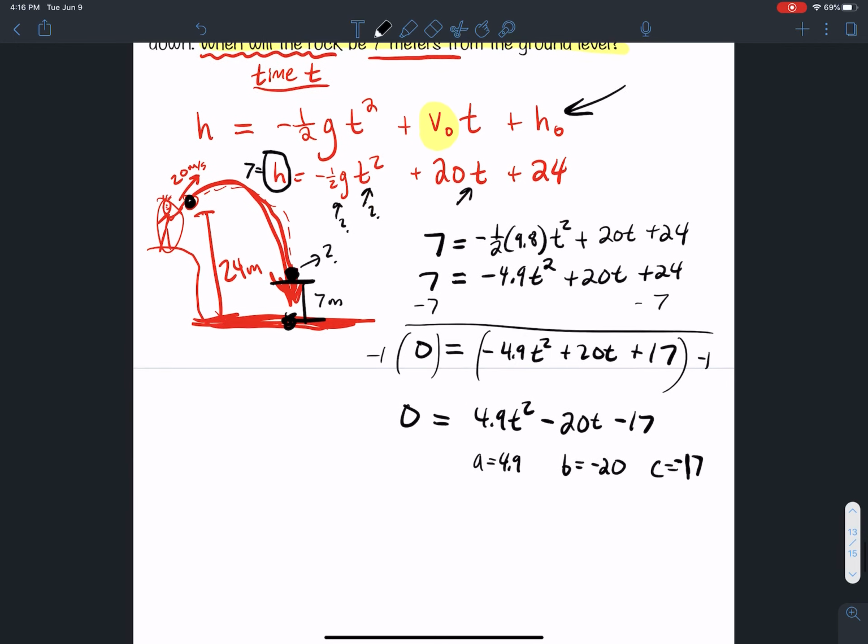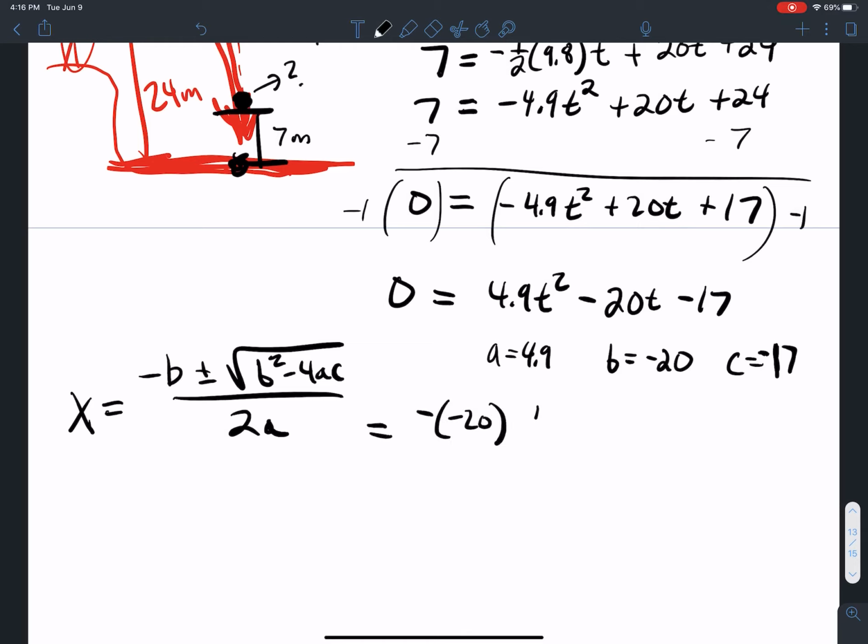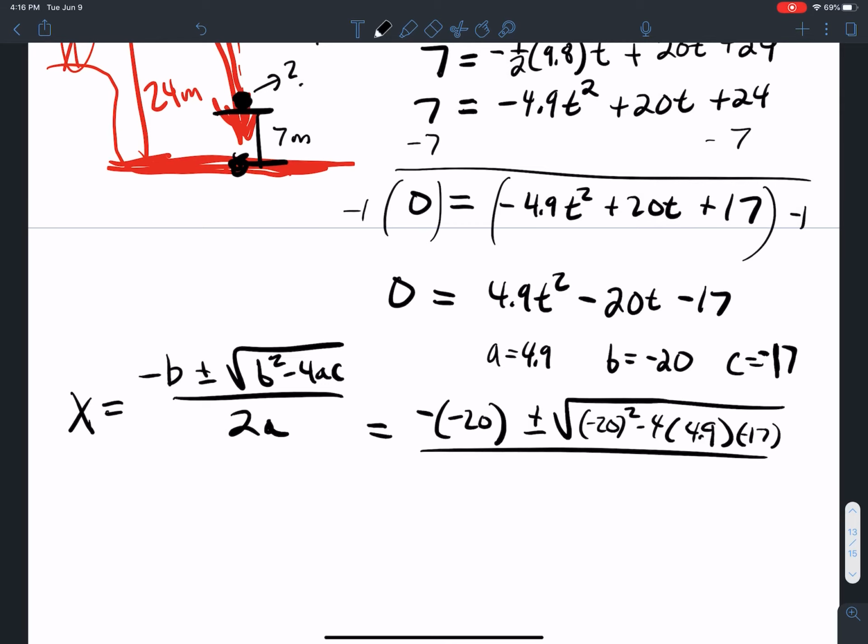The quadratic formula: x equals negative b plus or minus the square root of b squared minus 4ac, all over 2a. So this is negative of negative 20, plus or minus the square root of negative 20 squared minus 4 times a times c, all over 2 times 4.9.